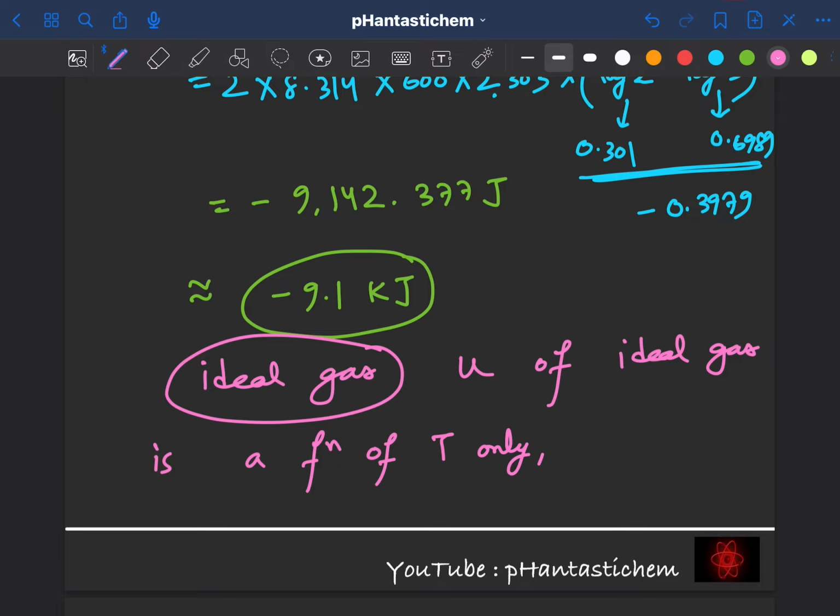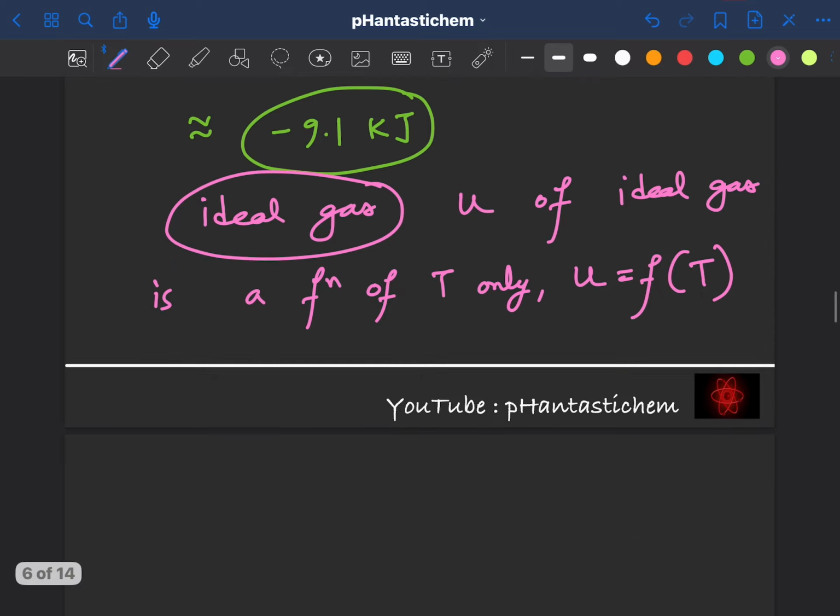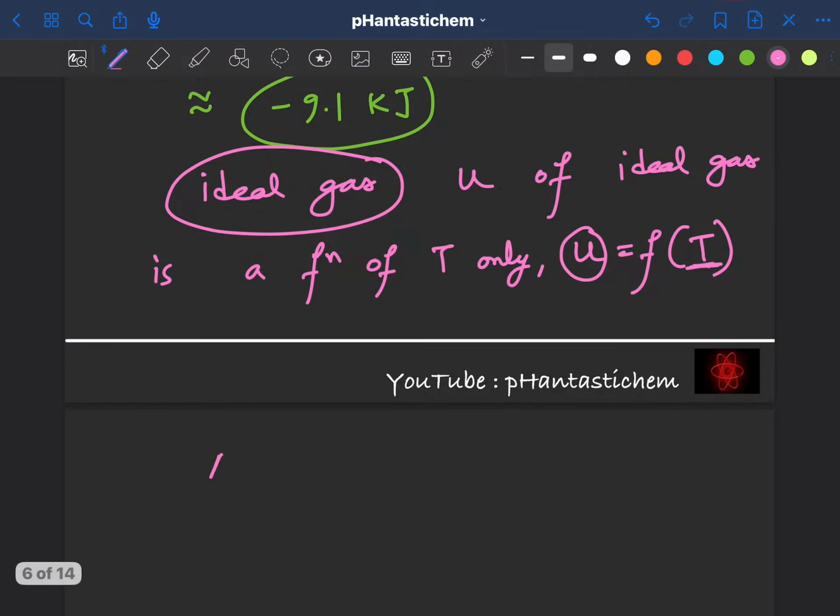So according to mathematics, you can write it as U is a function of temperature only. And in isothermal process, as it has been mentioned, temperature is constant. So there is no change in temperature. If temperature is not changing, the value of U will also not change. So that's why delta U, that is change in internal energy for an ideal gas in an isothermal process, is always equal to 0. So therefore, read the question properly.